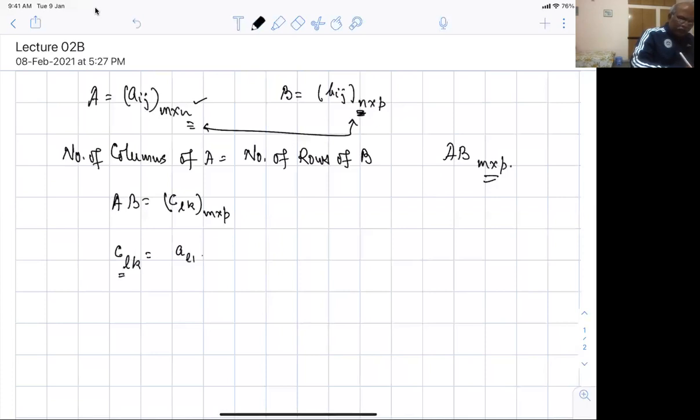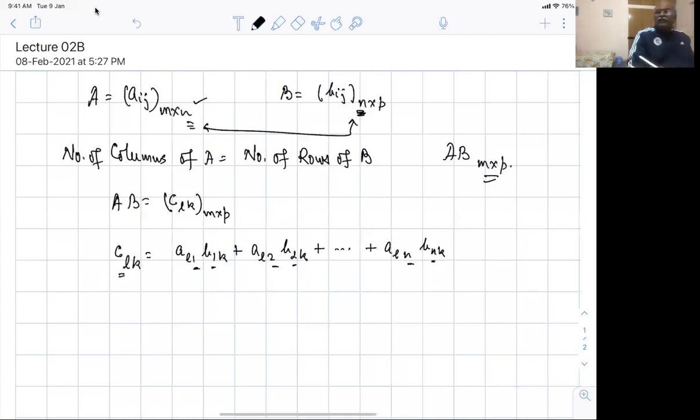So Al1 B1k plus Al2 B2k, all the way till Aln, there are N of them, and Bnk. Fine. So look at this, N cancels out, 2 cancels out, 1 cancels out. That's the idea that you have.